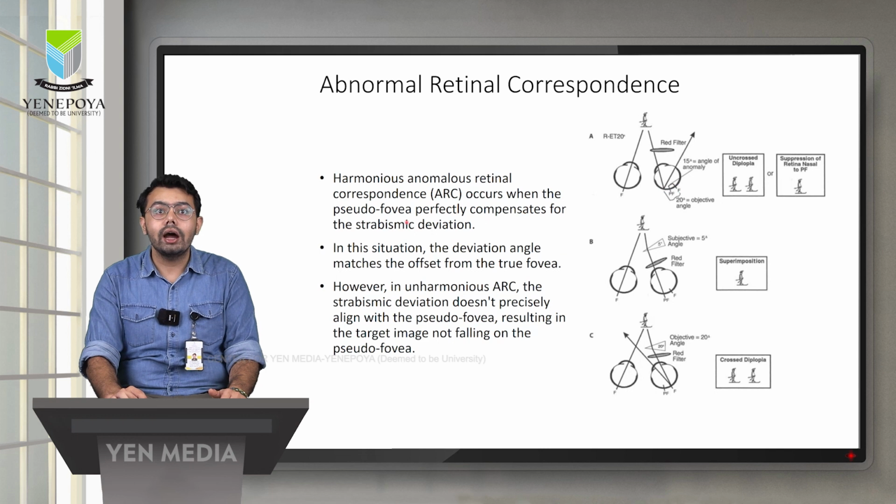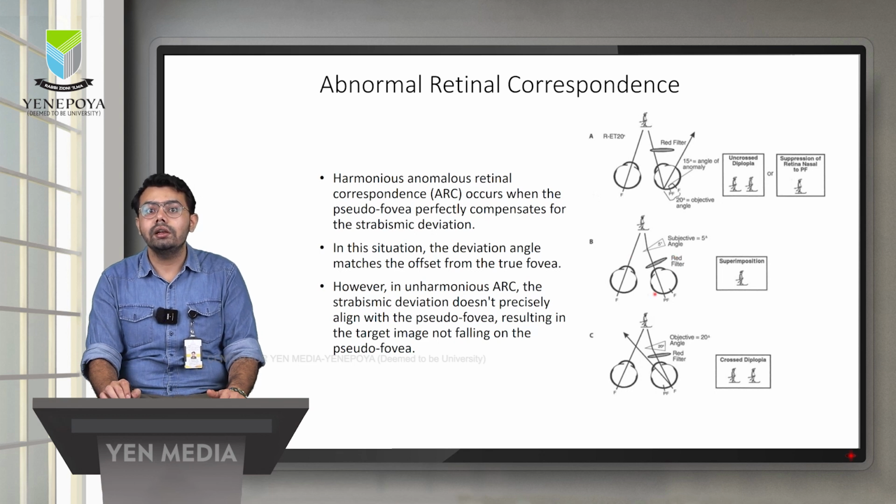So in harmonious retinal correspondence, the subjective angle is equal to the objective angle, so there is no angle of anomaly and the image falls directly on the pseudofovea. But in unharmonious ARC, the subjective angle and the objective angle are not equal, so there is a discrepancy and the patient gets to see diplopia.